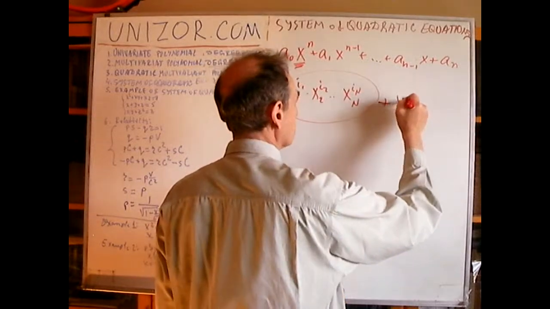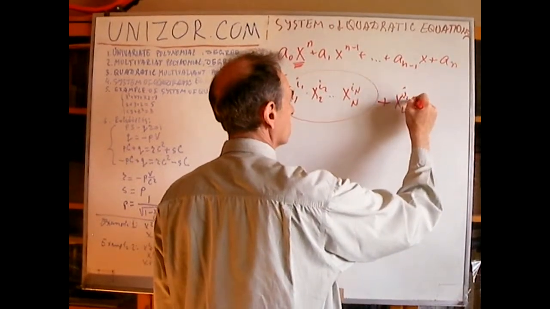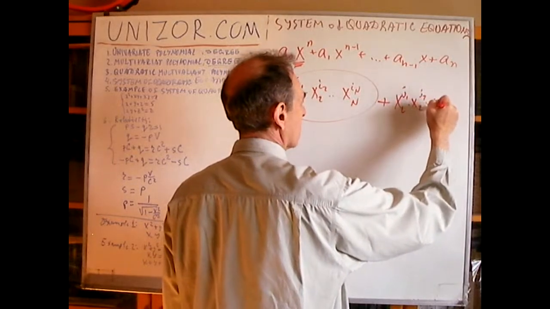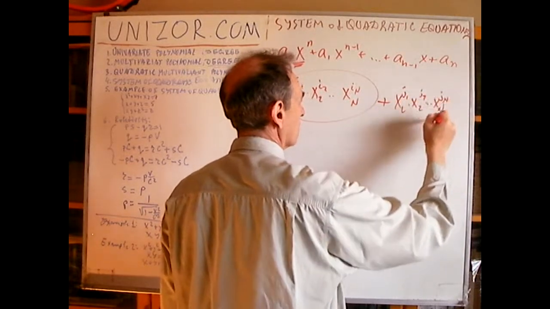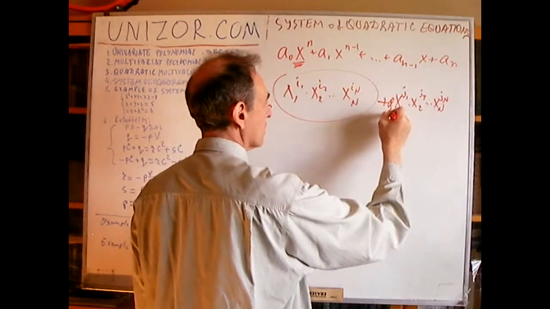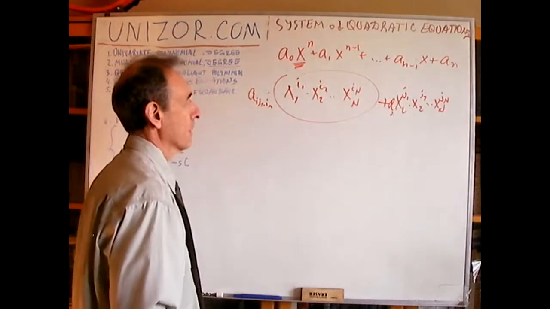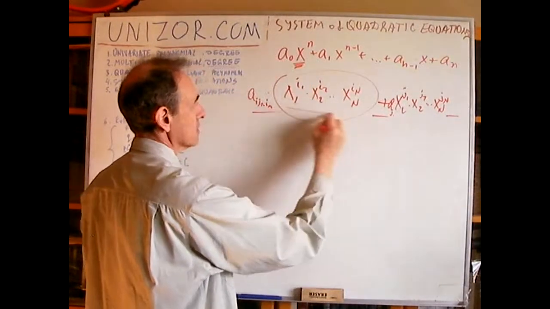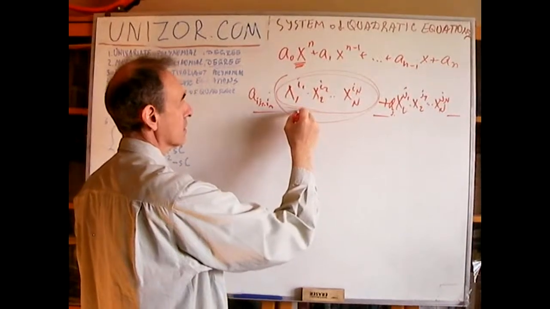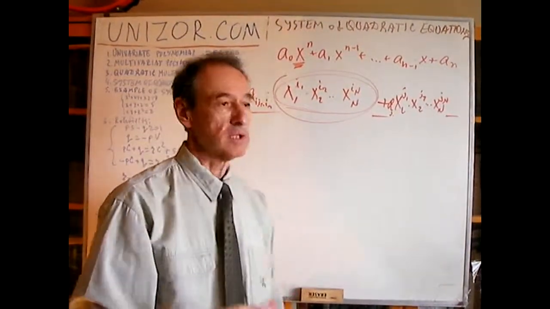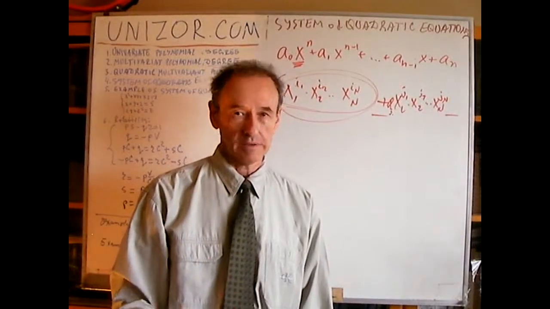So let's say it would be x1 to j1, x2 to j2, etc., xn to jn. Again multiplied by a certain coefficient a, j, whatever. So the sum of these with these particular variables raised to different powers is a polynomial which we can call a multivariate polynomial.